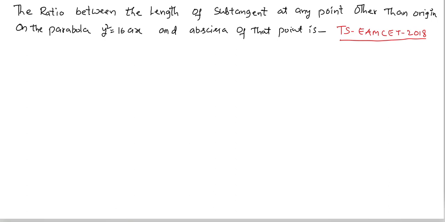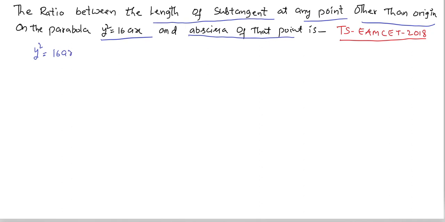The ratio between the length of subtangent at any point other than origin on the parabola y square is equal to 16ax and the abscissa of that point is. This is TSM set 2018 question. Here is given parabola is y square is equal to 16ax. Let P(x1, y1) be any point on the parabola other than the origin.